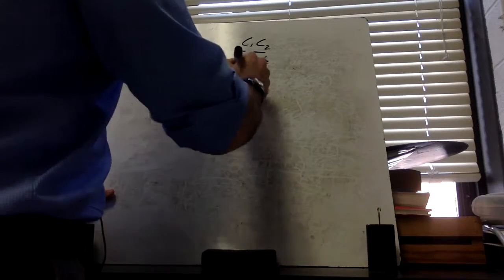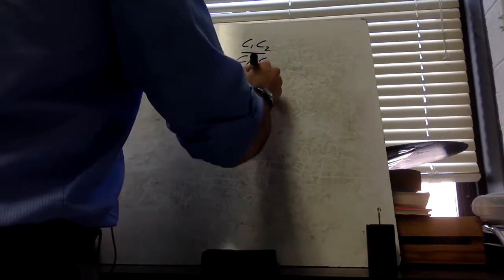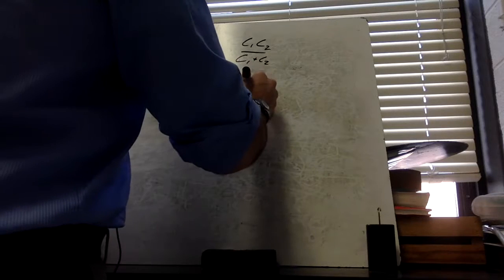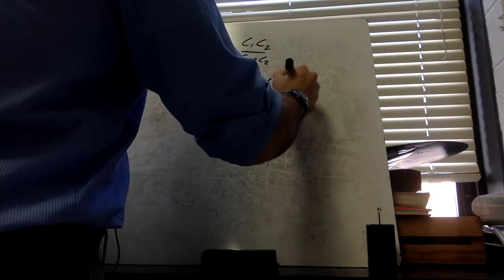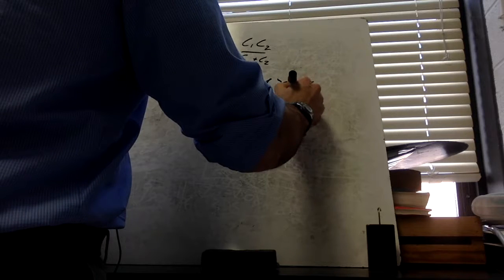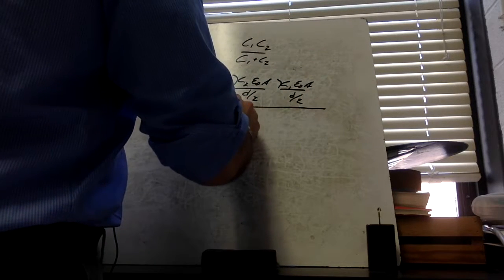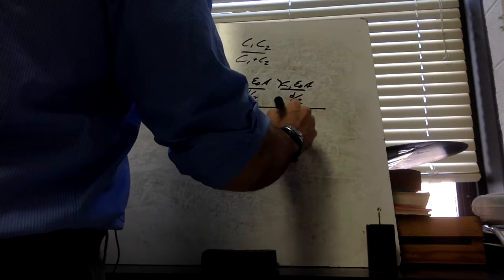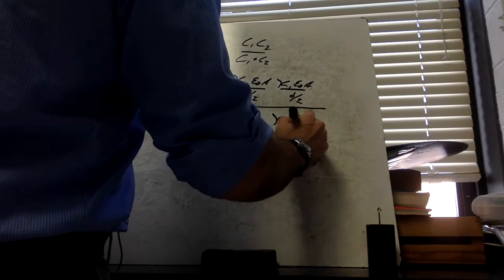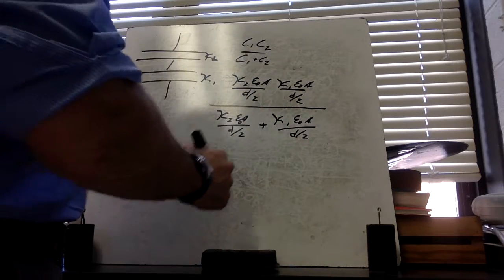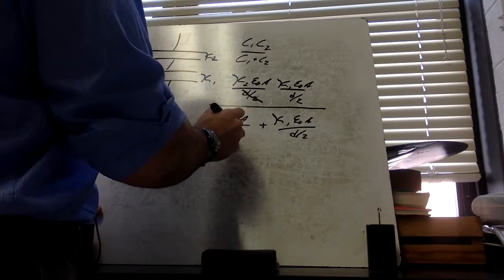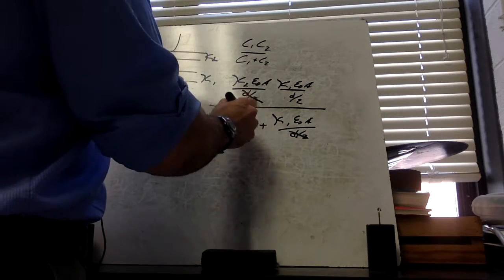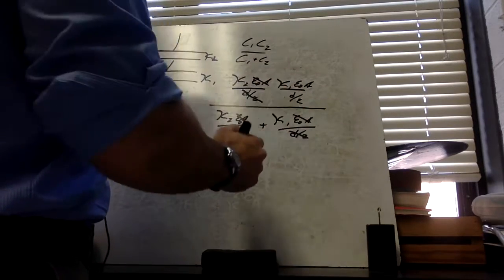So this ends up being kappa 2 epsilon naught A over d over 2, that original distance cut in half, times kappa 1 epsilon naught A over d over 2, all over kappa 2 epsilon naught A over d over 2 plus kappa 1 epsilon naught A over d over 2. Here, one of these can cancel out with both of these, and then these can cancel out with one of these.